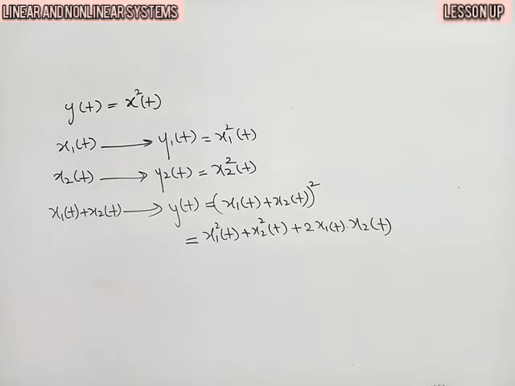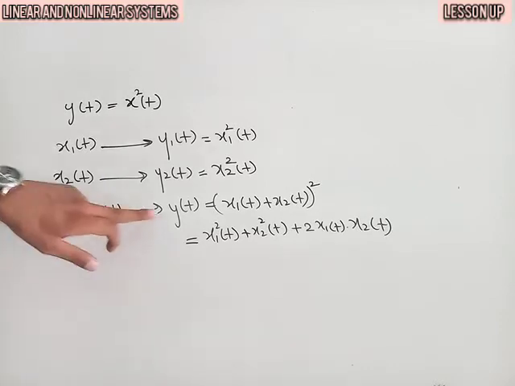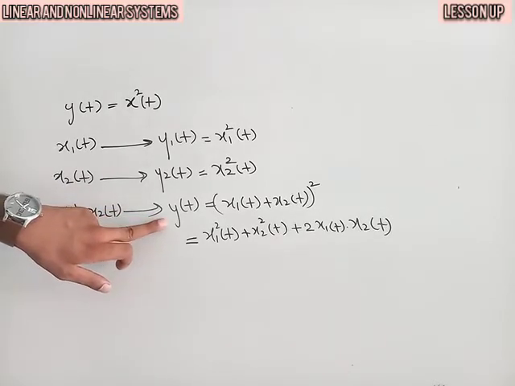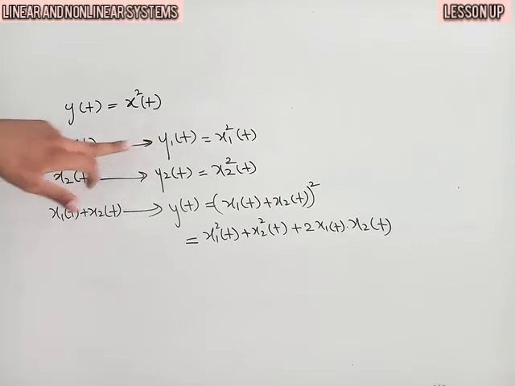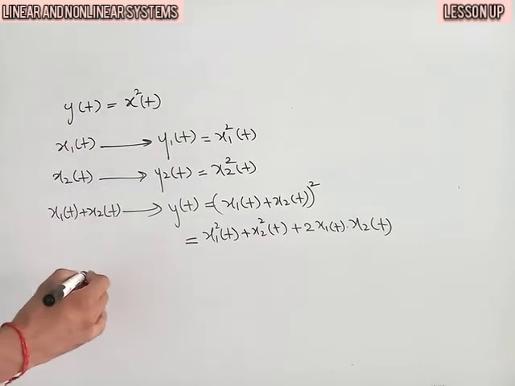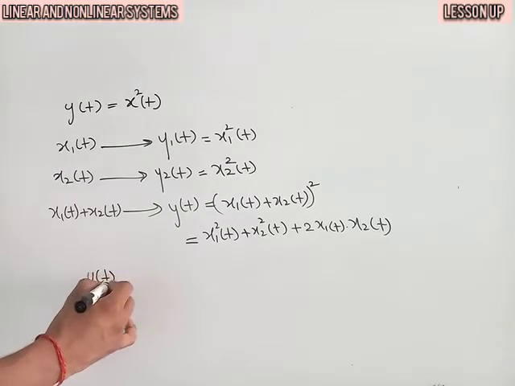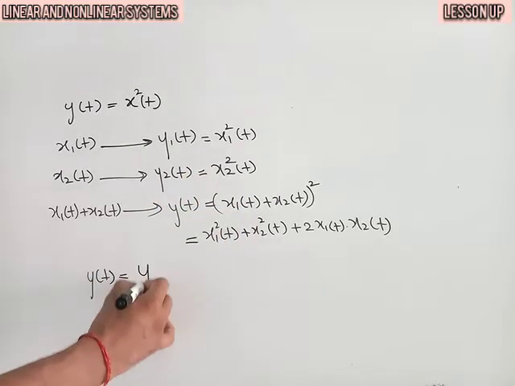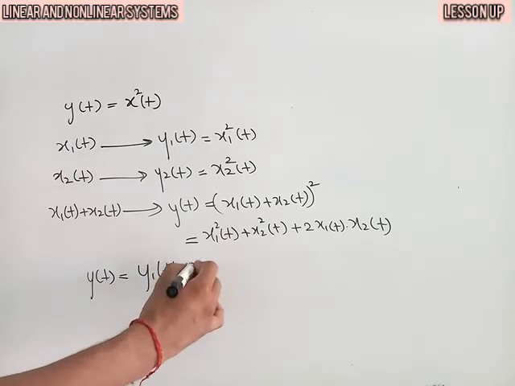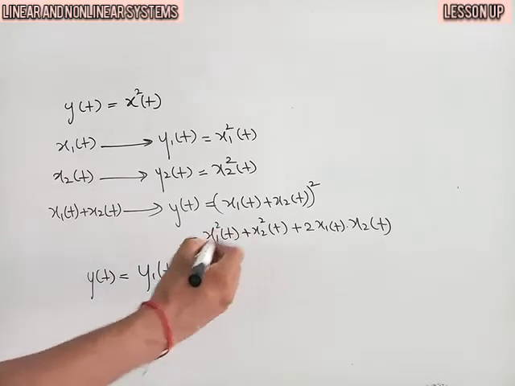So, we will check according to superposition theorem, this should be equal to the summation of the output which is related to individual input. So, y of t should be equal to y1 of t plus y2 of t.